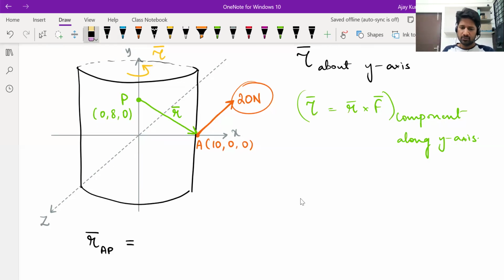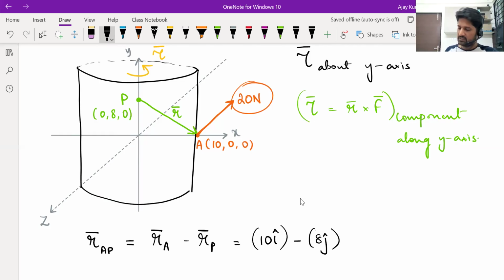You need to express the position of A with respect to P, basically the relative position. The position of A with respect to P is the actual position of A minus the actual position of P. Simple. What is the actual position of A? 10 I cap. What is the actual position of P? P is on the positive y-axis, so 8 j cap. That's all.